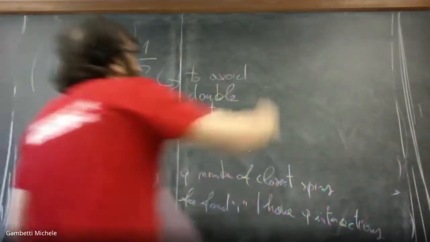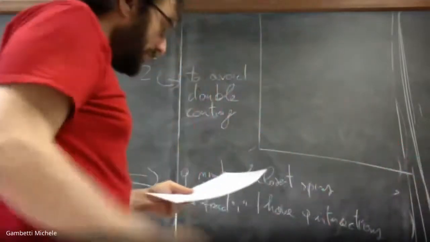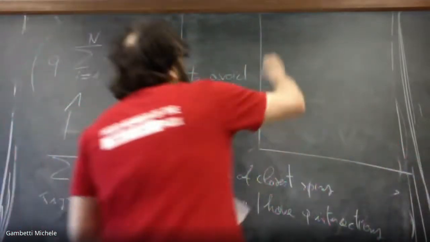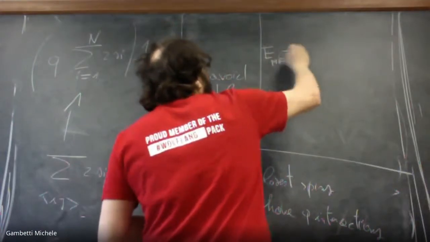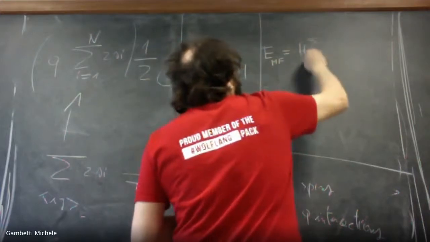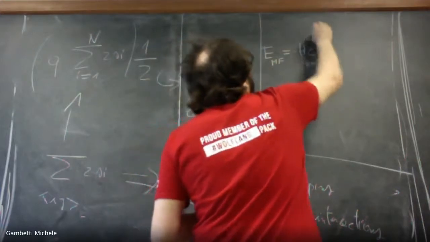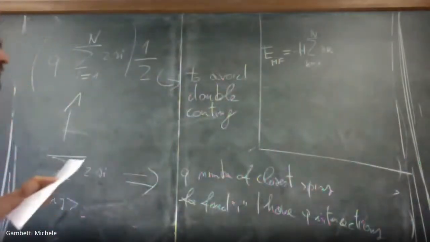So with all of this, now I can write the Hamiltonian, or the energy in field, in the following way. We have minus h times the sum from k to n of Sk, the usual term.